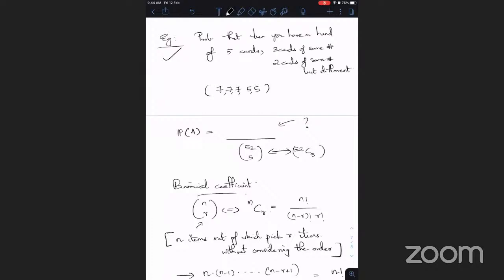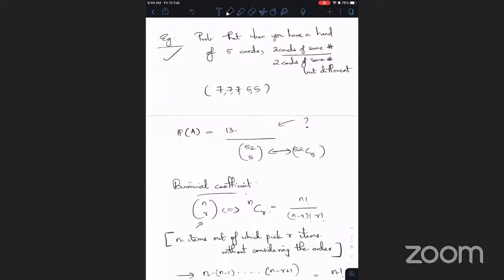So let's look at this. The idea is to first pick 3 cards of the same number. So you need to pick a number first. How many numbers are available for you in a deck? Can someone tell me that? Exactly, 13.